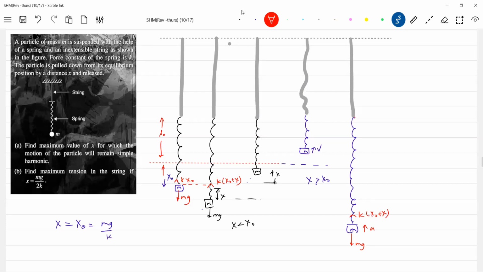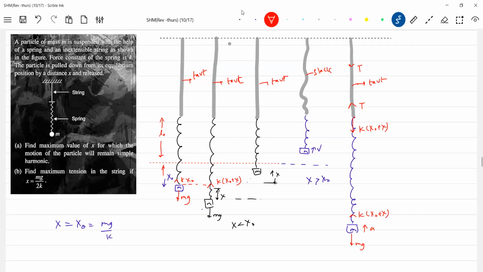Then what is the state here? The spring force will act here also, no? And this is the string. So this will be slack, taut, taut. Okay, agree.